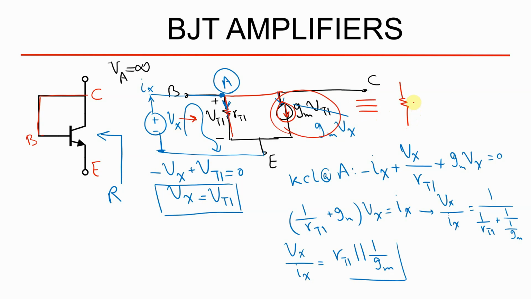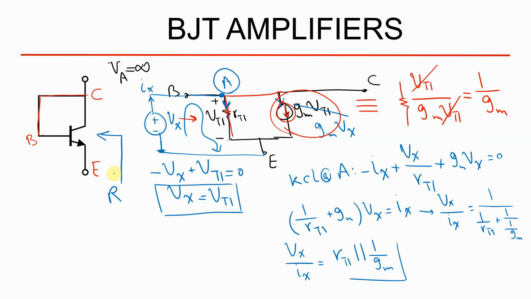What is the value of this resistor? The value equals the voltage across it, which is V pi, divided by the current, which is gm V pi. Tada! V pi is crossed out, and you are left with 1 divided by gm. So this is a really great model for this diode-connected device.